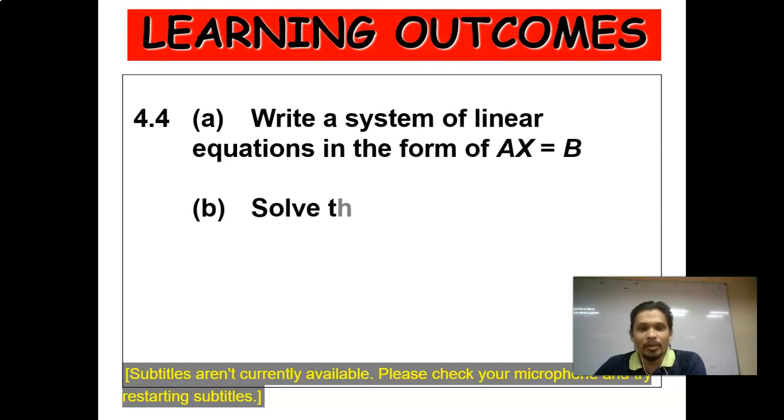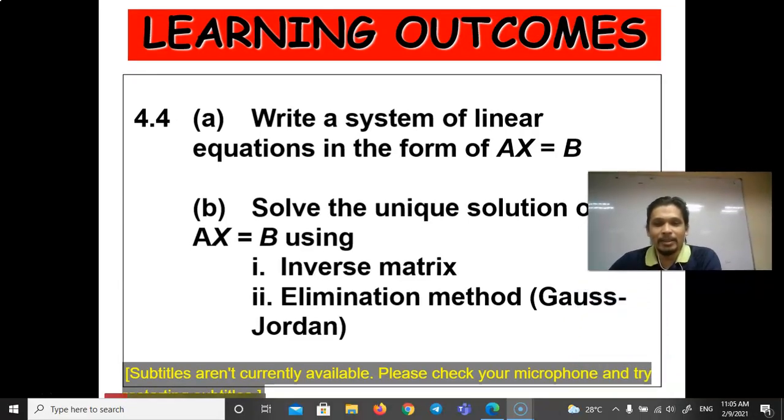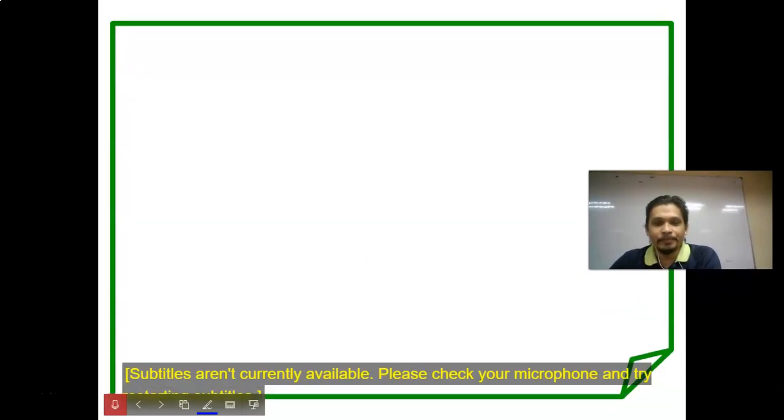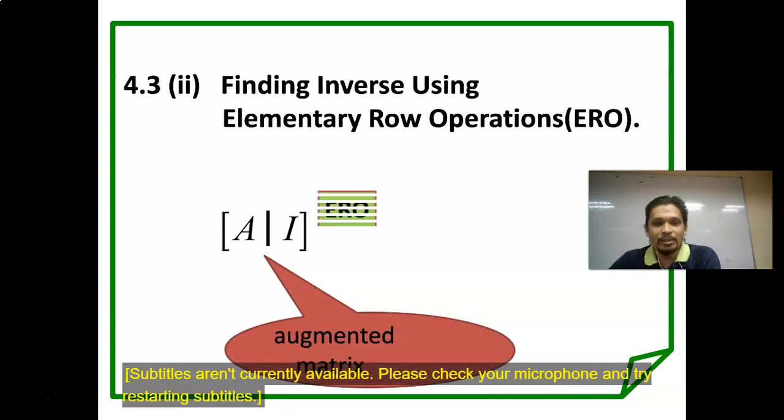We're going to write the system of linear equations in the form AX = B and solve for the unique solution using inverse matrices or the elimination method, Gauss-Jordan, and find the inverse using elementary row operation, ERO.